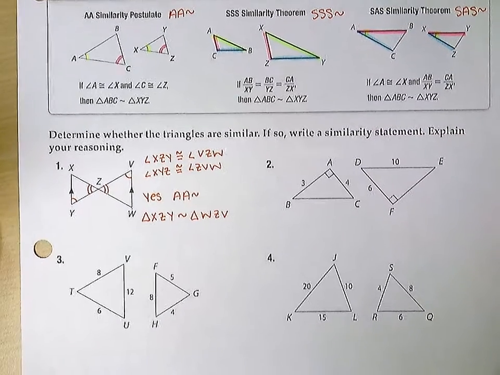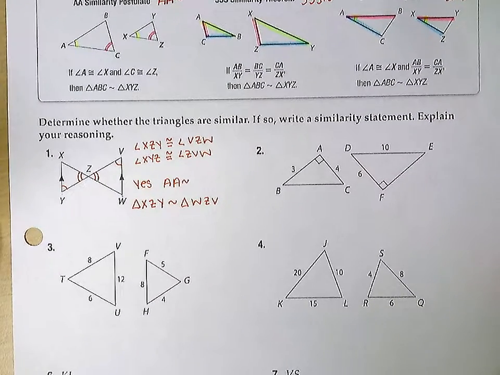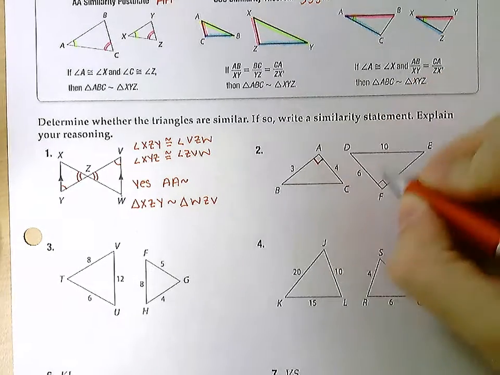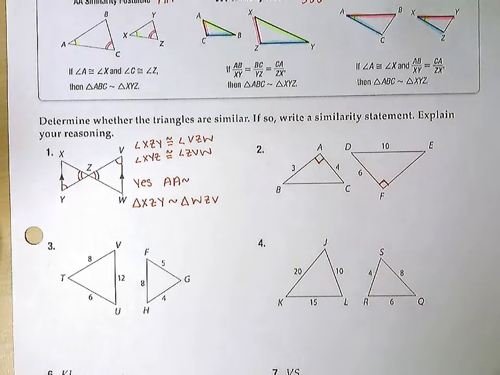All right, then for number 2, I already see I have one pair of congruent angles. Angle A and angle F are both 90 degrees, so they are congruent to each other, right? Yep.